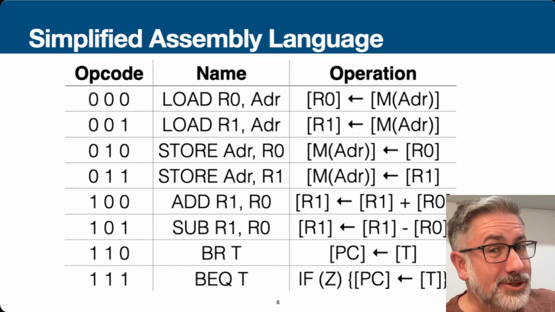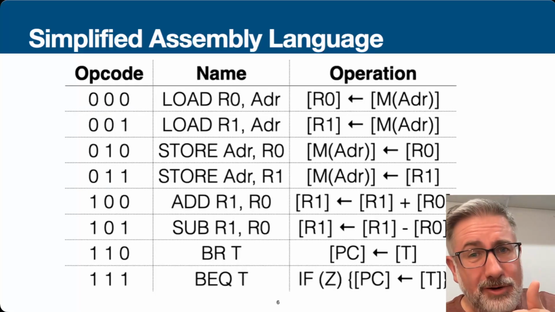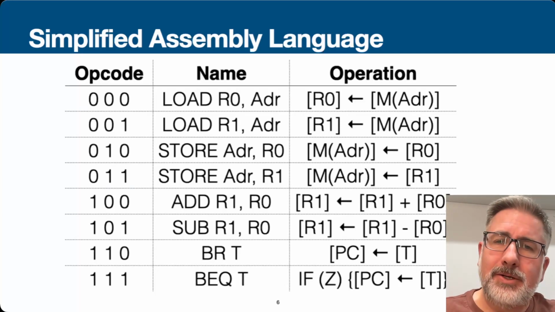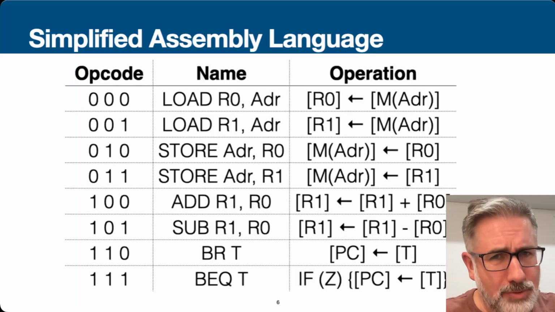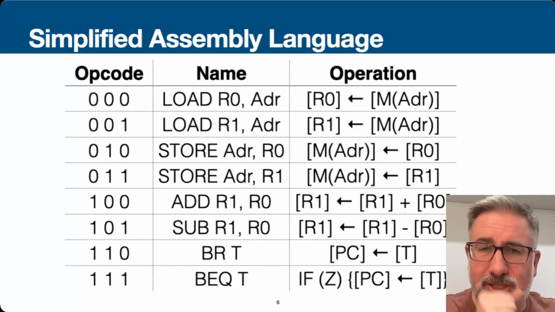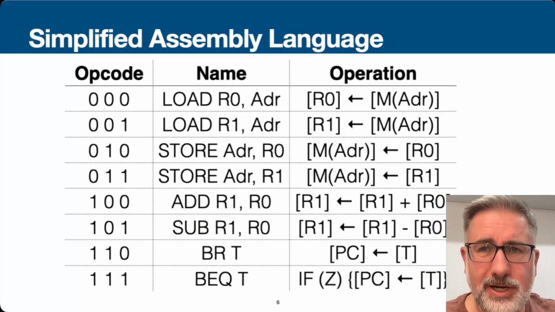And the key features for any assembly language, just like we've seen before, are moving data around, so loads and stores, doing some math, in this case we're going to add and subtract, and then making some choices, branching and branch equal. So we've got a direct branch, an unconditional branch, and a conditional branch.